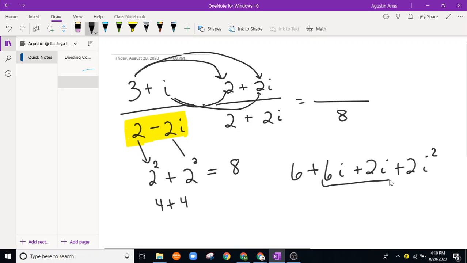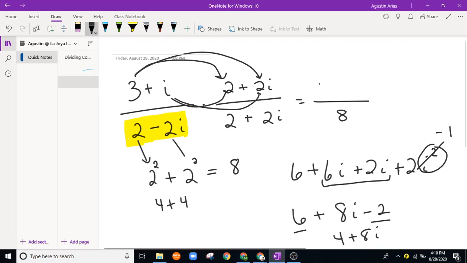Combining like terms, these are easy to combine. That is 8i. This i squared is a negative 2. I'm sorry, a negative 1. So that makes this a negative 2, minus 2. And then these two combine, finally. So it's 4 plus 8i.